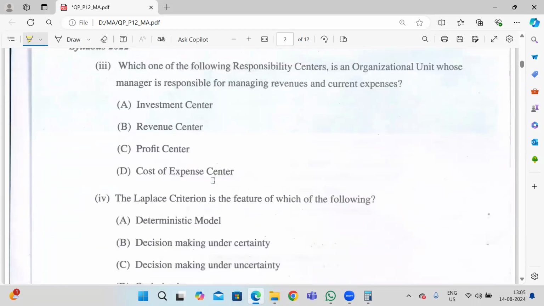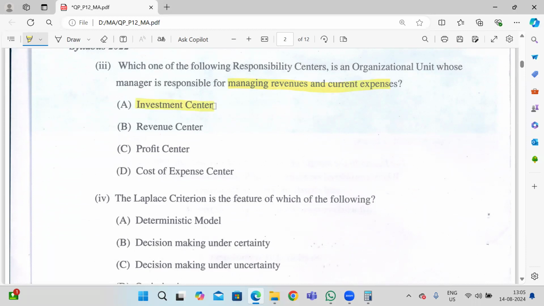Which of the following responsibility centers is an organization unit whose manager is responsible for managing revenues and current expenses? Actually, this is quite a tricky question. If you have gone through the study material theory, you can easily identify this. If it is managing revenue and current expenses, the option should be investment center.